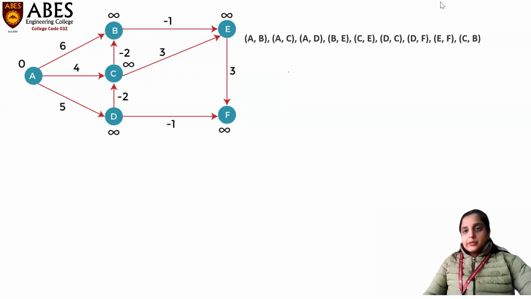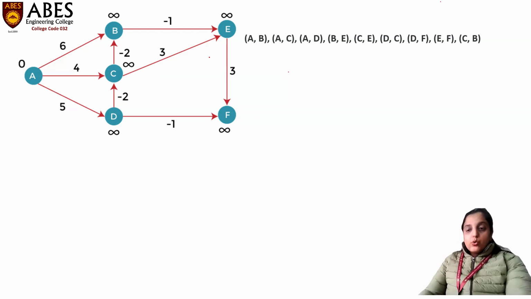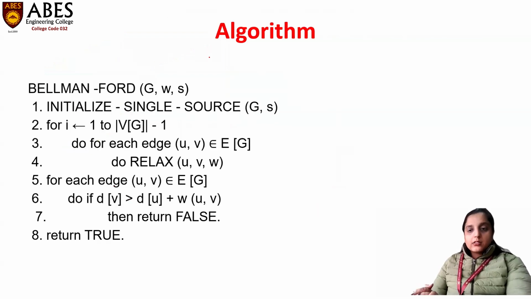As you can see here, the algorithm says that to the function you have to pass the graph G. We have to pass our weighted matrix, or you can say a weighted graph, all the weights. You have to pass this and your source vertex, the vertex from where your journey will start.